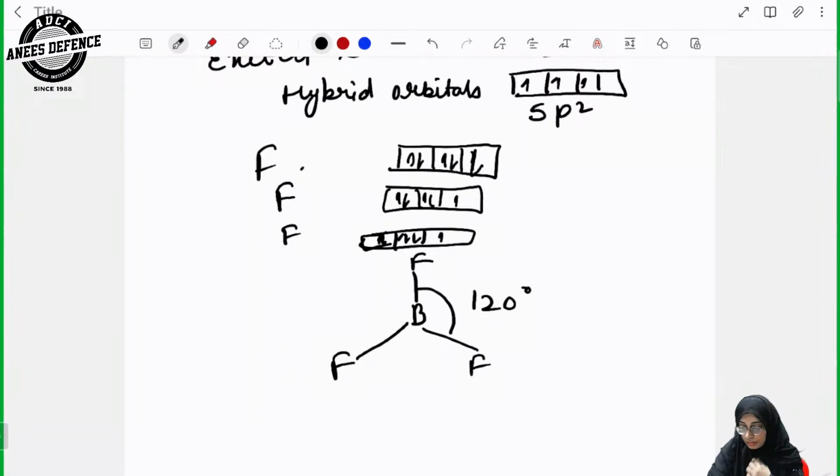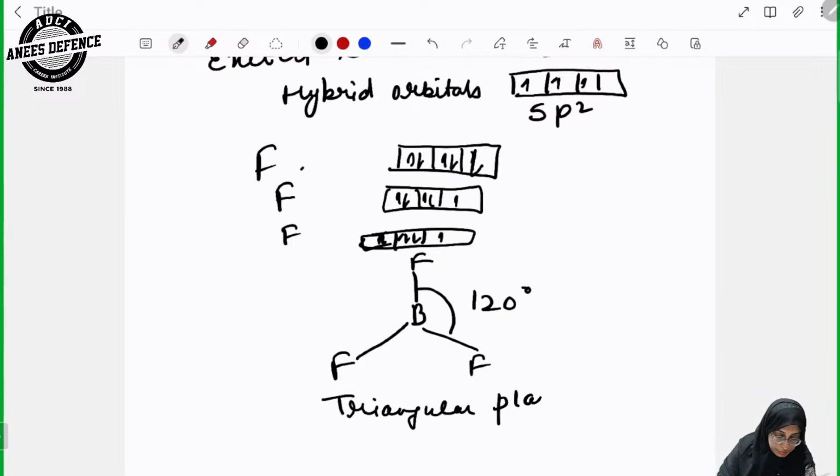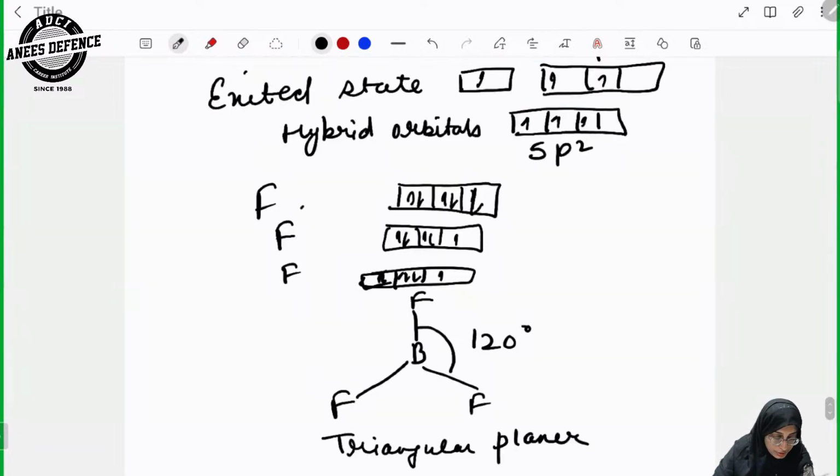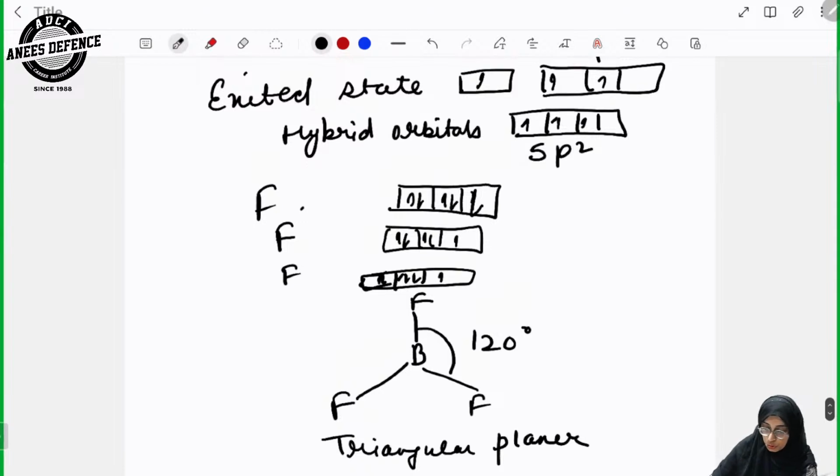The shape is triangular planar. This is an example of sp2.